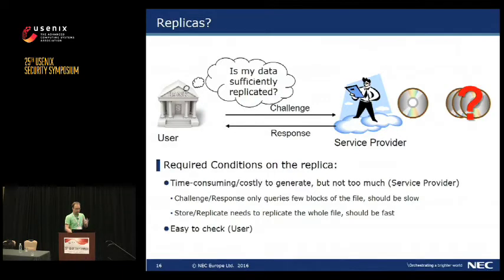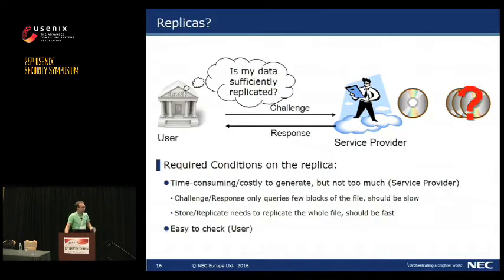So then I come towards the protocol we designed, which is called Mirror. It asks the question, what needs to be done so that the service provider could replicate the data by himself?